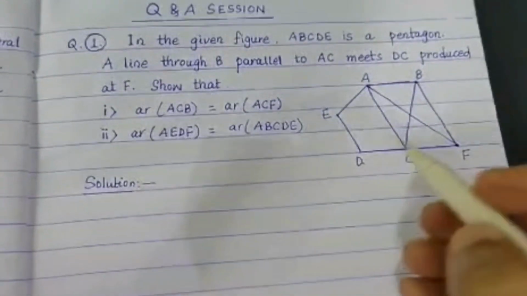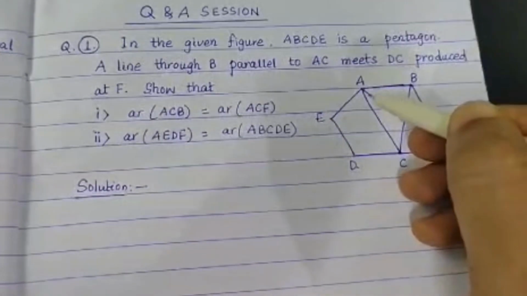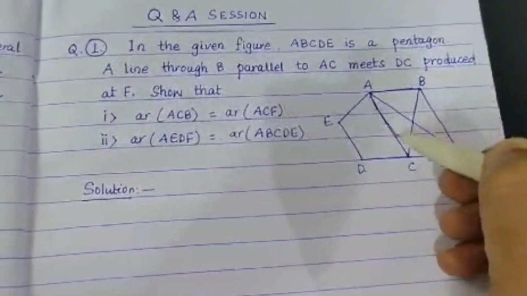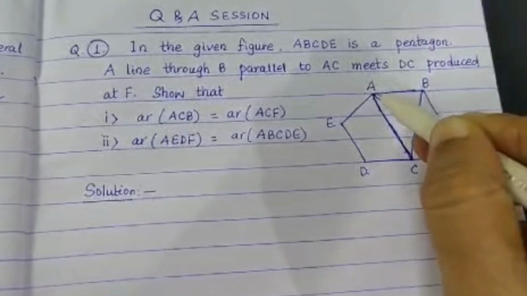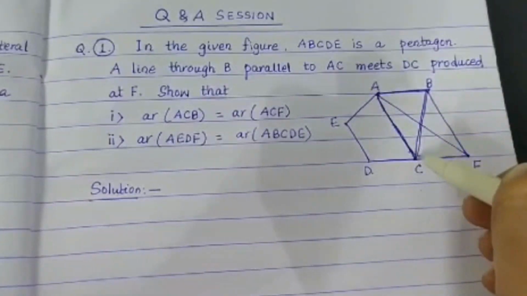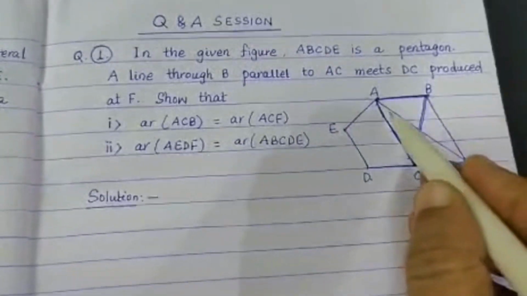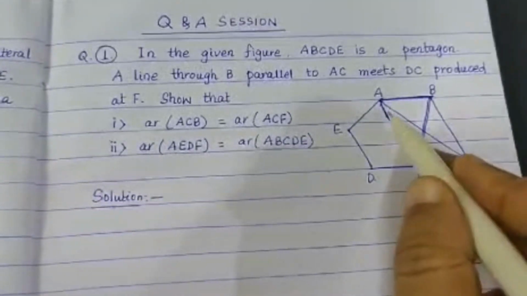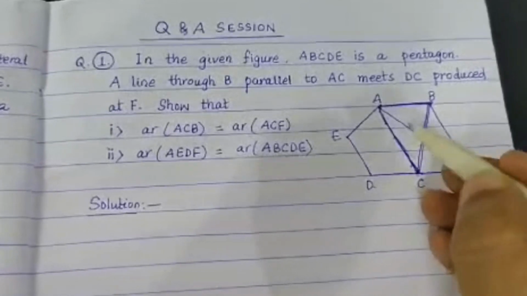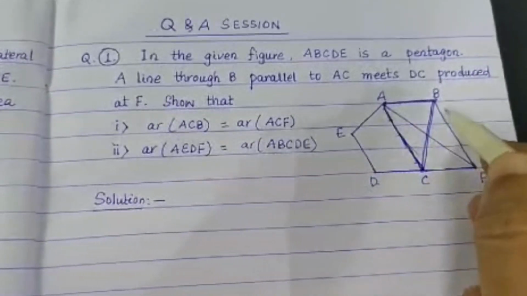Okay, so when you take this as a common base AC, and when you look at this triangle ABC, or here it is written ACB, and this one ACF, basically these two triangles are on the same base and between the same parallels.